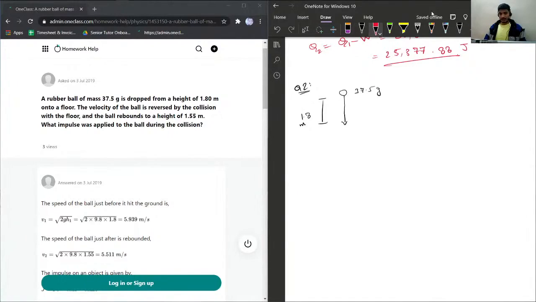At this point the ball has gravitational potential energy, mgh, and when it comes here, that potential converts to kinetic, half mv squared.